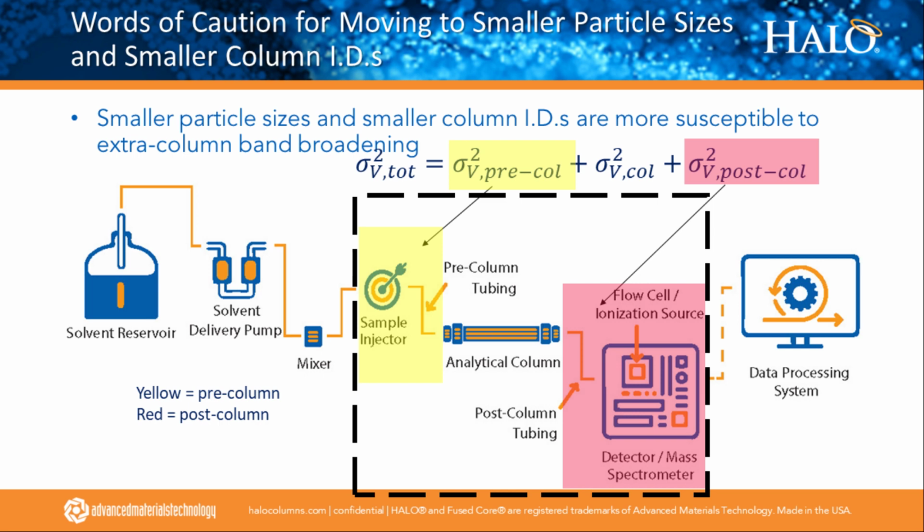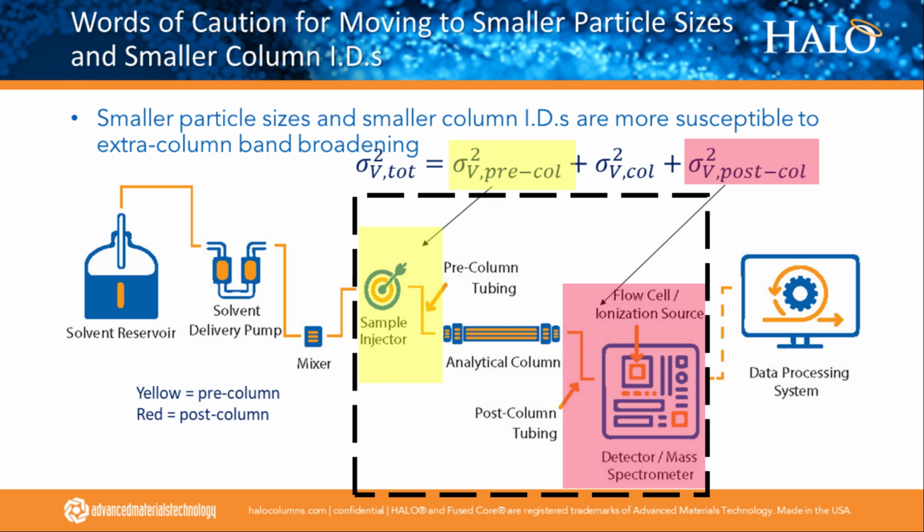So these are the 2 areas that you would need to worry about or improve in terms of getting the most performance out of those smaller particle size columns and smaller ID columns.